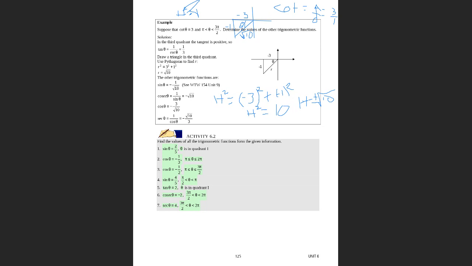Cosec theta is the reciprocal, hypotenuse over opposite, so root 10 over negative 1, which gives negative root 10. And cos theta is adjacent over hypotenuse, so we have negative 3 over root 10. And sec theta is the reciprocal of cos theta, hypotenuse over adjacent, so we have root 10 over negative 3.